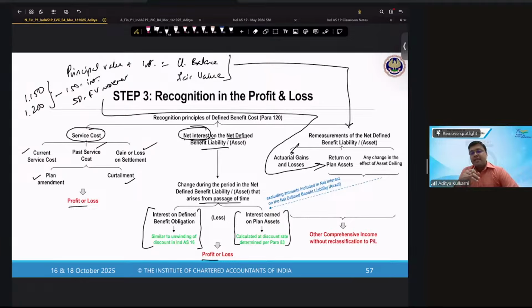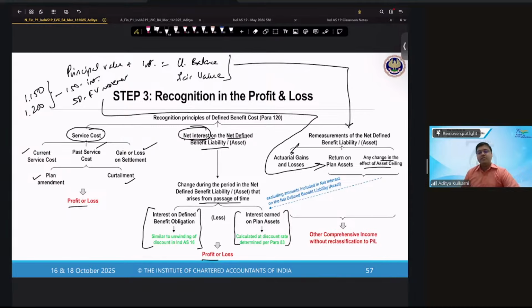If there is any actuarial remeasurement that happens, change in actuarial assumption, that is something which is not in my control. That will change the closing balance of your obligation. And because of that, you will end up with actuarial gains or losses or any change in the effect of asset ceiling.